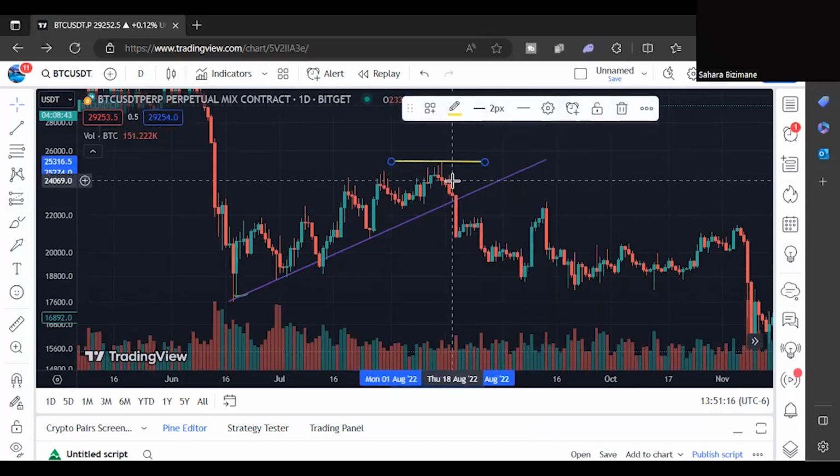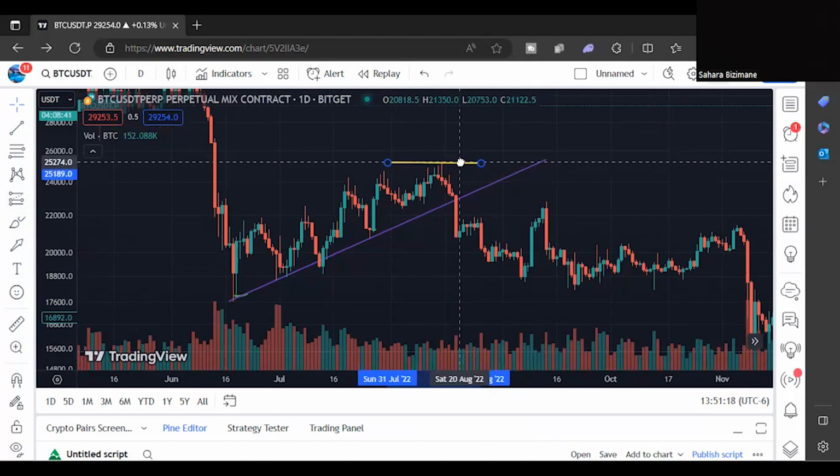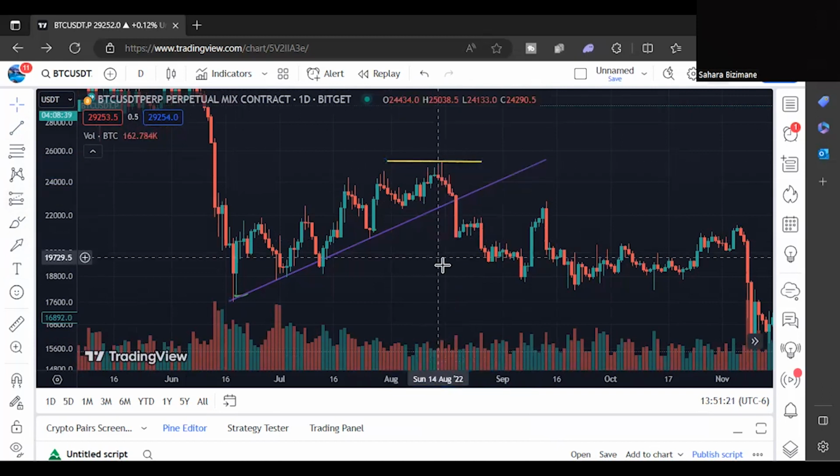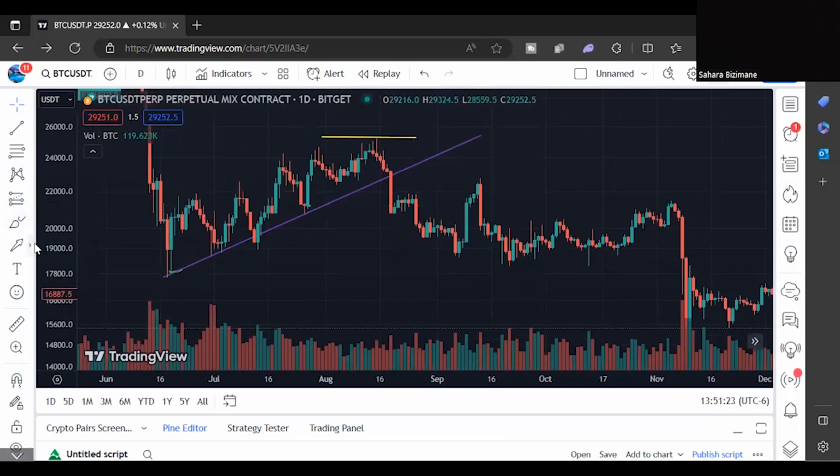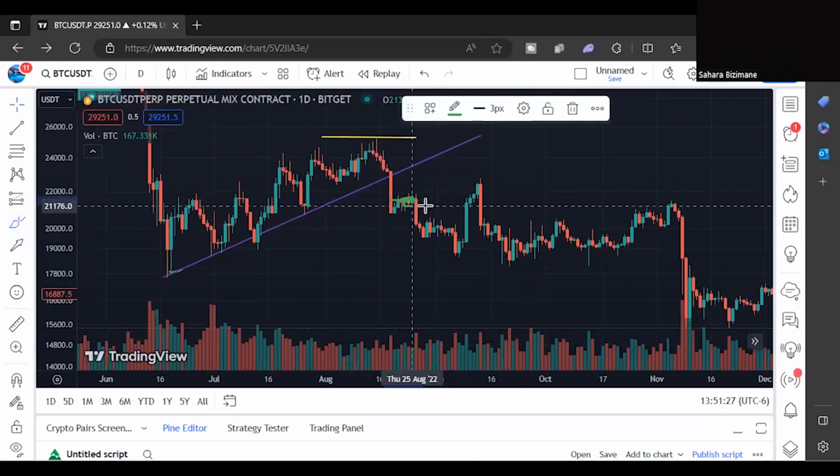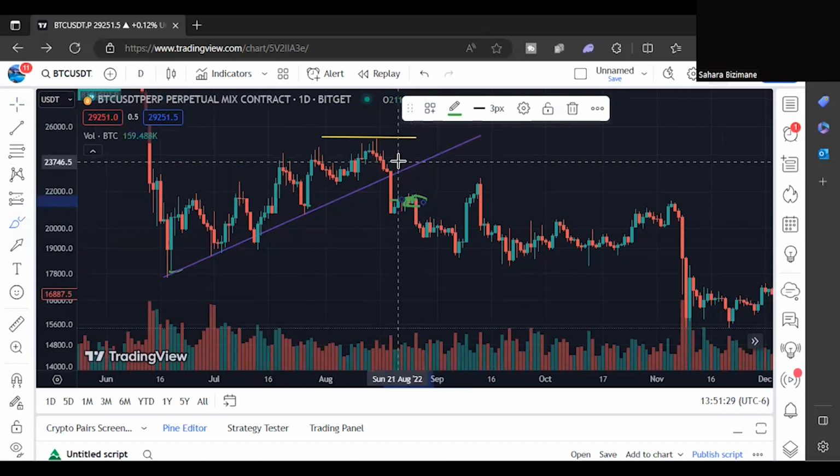Let me make it a different color. Where I have it in yellow, that is the previous high. If I'm shorting right here at the bottom after seeing this breakout, I will set my stop loss slightly above this previous high.